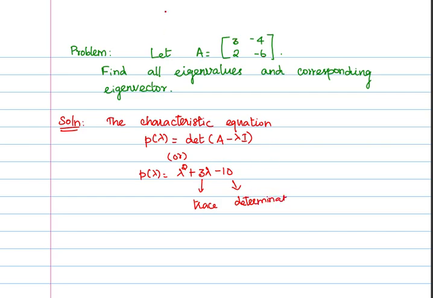The formula, which we already covered in an earlier video, is P of lambda equals lambda to the power n minus S1 lambda to the power n minus 1, plus S2 lambda to the power n minus 2, and so on, plus minus 1 whole to the power n times Sn.